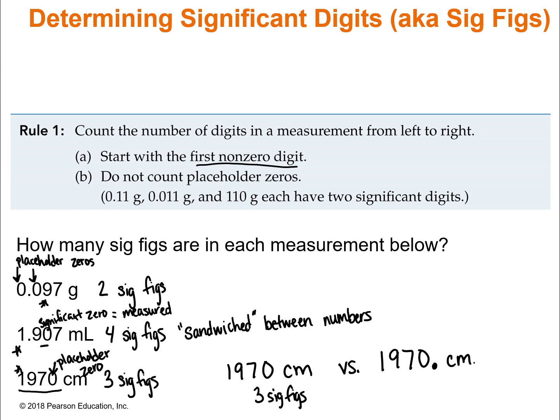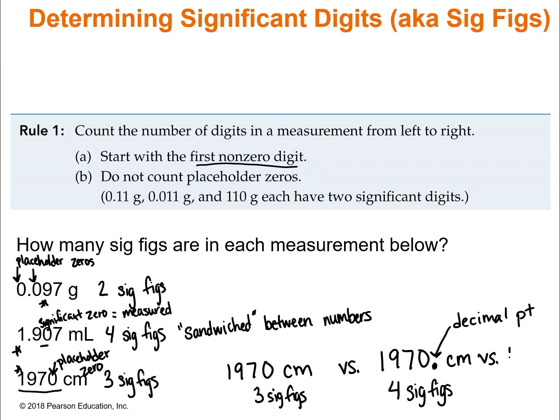By adding a decimal point, I'm now saying this 0 is measured. So that means I'm going to include the 0 in my counting.